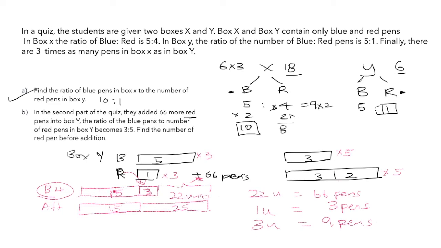I can do a check back. This is blue to red, and when I cancel, it is 5 to 1, which comes back to this. So the check is correct. Okay?